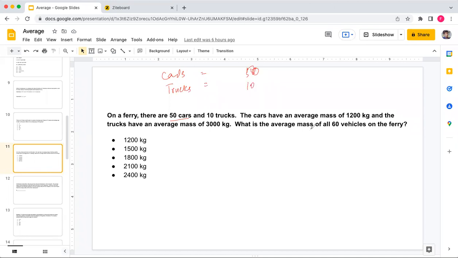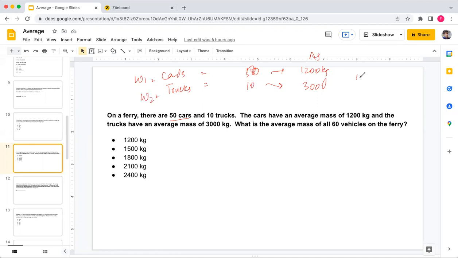The average for cars is 1200 kg, and the average for trucks is 3000, right? So I'm considering car as W1 because the average of car is smaller, and the truck as W2 because the average of truck is greater.